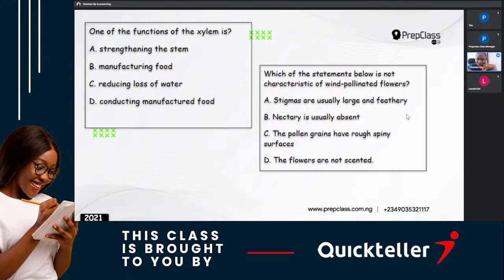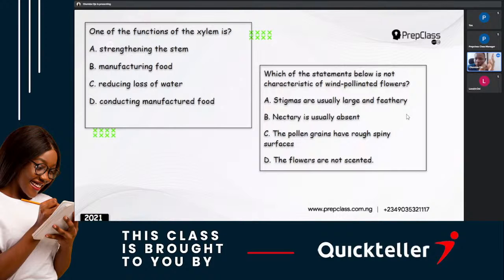Now, let's go to number 2. Which of the statements below is not a characteristic of wind-pollinated flowers? Now, what happens is that we have two types of flowers.